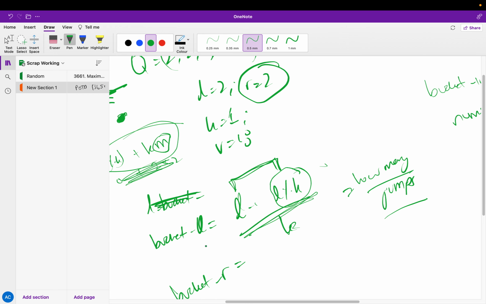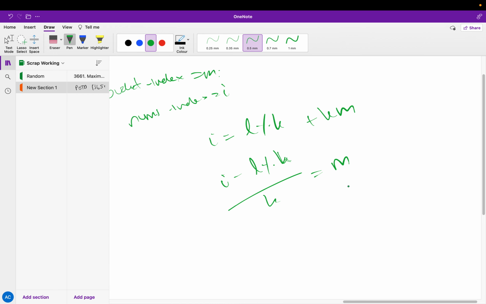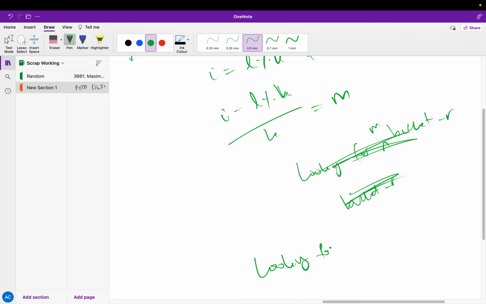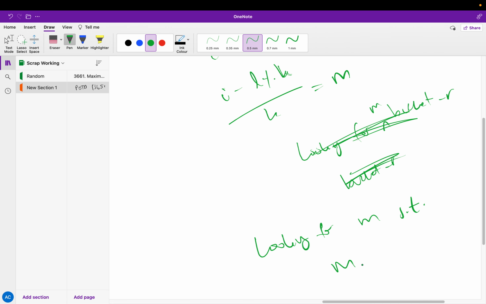But we're looking for bucket R, which is not necessarily of this form. We're looking for I, where I is strictly greater than R and I is of this form.